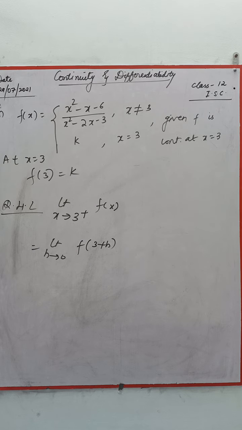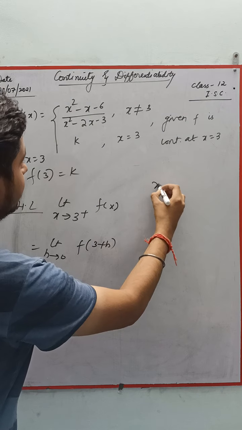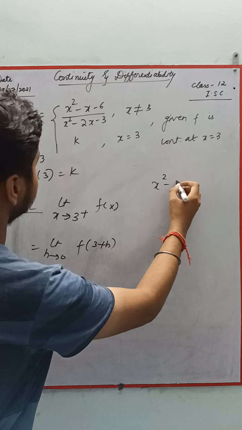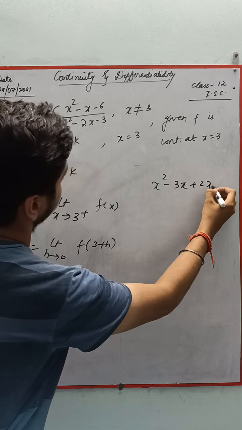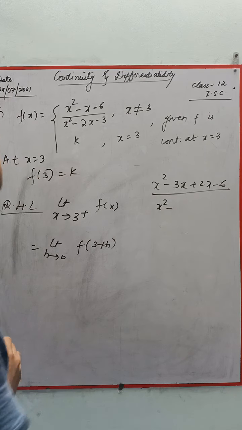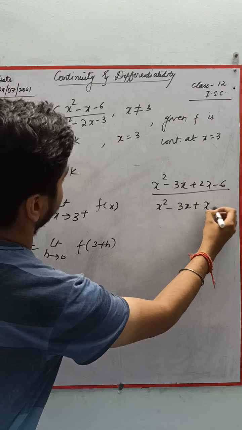So x square minus x minus 6 is a quadratic equation, and in the downside also you have a quadratic equation. So can we do it in such a way that x square minus x minus 6 can be split as x minus 3 times x plus 2, and in the down x square minus 3x plus x?